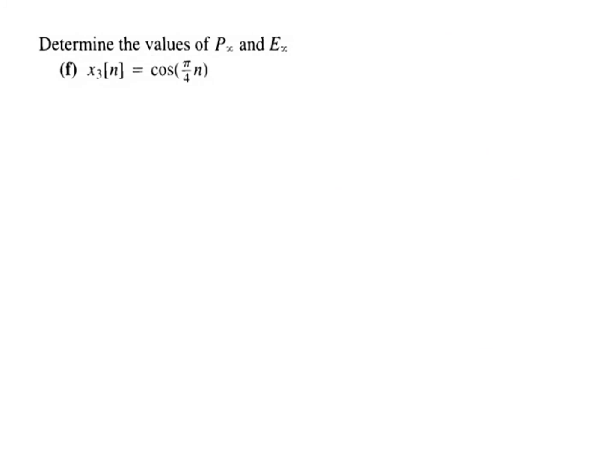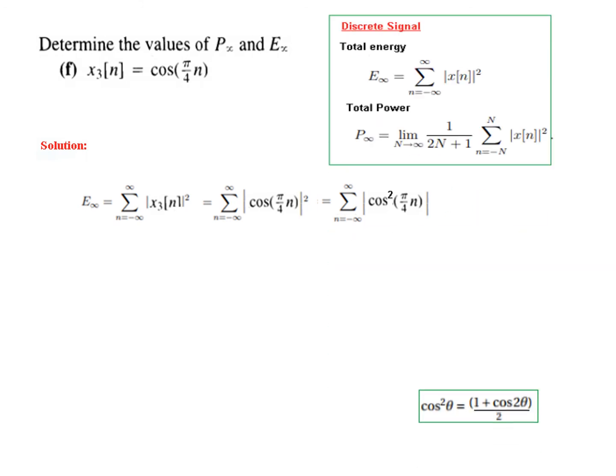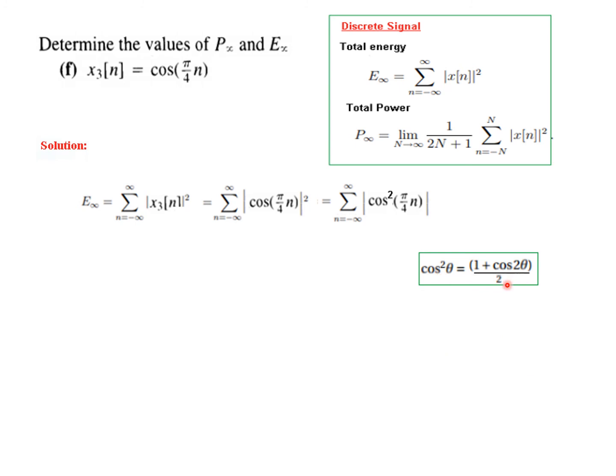Now finally the last question, where x3[n] is cos(πn/4). We just plug in the value, the mod of cos(πn/4), and then the square we bring inside, so cos squared of πn/4. Now we'll use the cos square formula that we know to break it down.